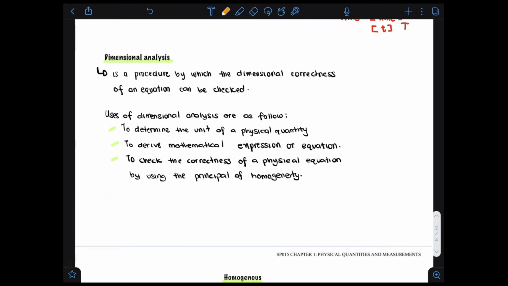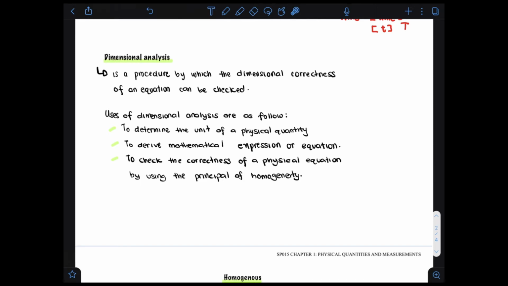So there are basically 3 uses of dimensional analysis. The first one is to determine the unit of physical quantity. Next is to derive mathematical expression or equation. And finally is to check the correctness of a physical equation by using the principle of homogeneity. Alright, so the first use here, which is to determine the unit of physical quantities, this one will cover our second learning objective that I've mentioned at the beginning of our lesson here.